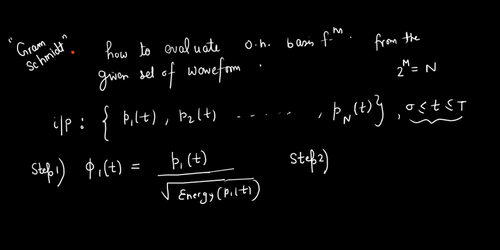what will you do now? Take the second waveform p2(t), the second input waveform, and subtract from it the projection of p2(t) over phi 1(t). Have you understood this second term? Let's show it in a new slide. Step 2.